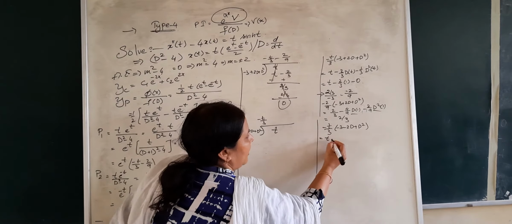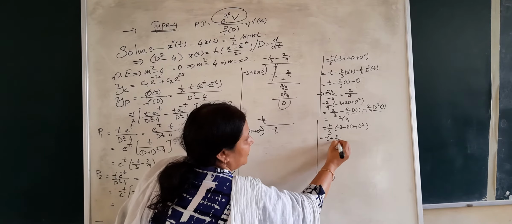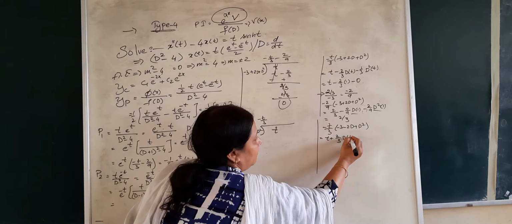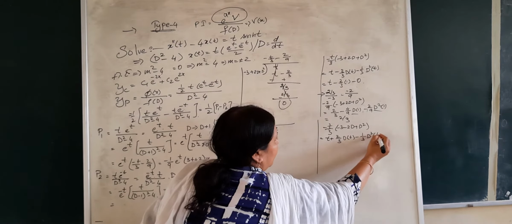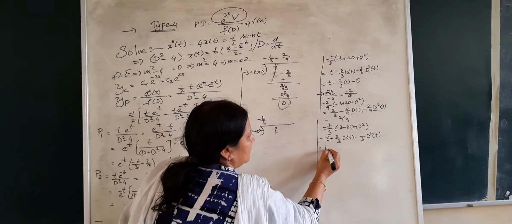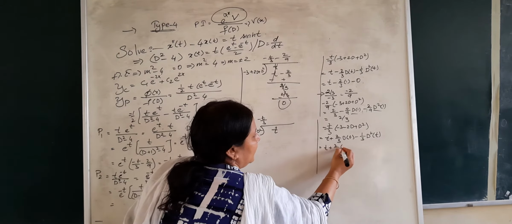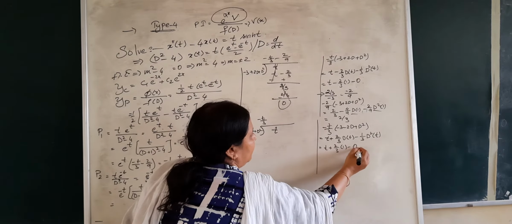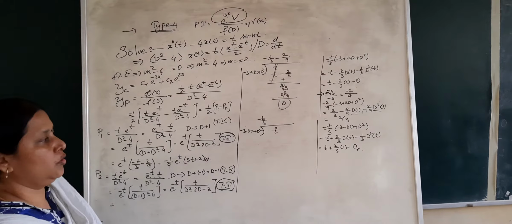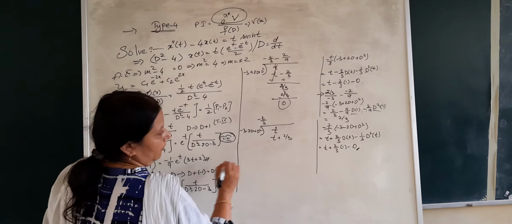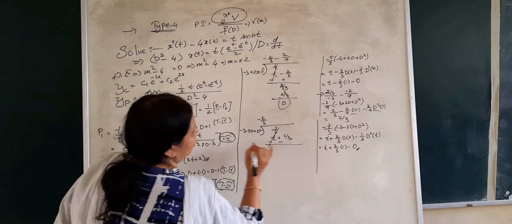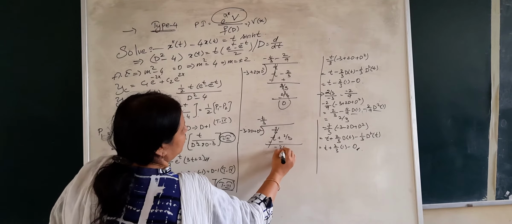Next, again minus of minus is plus 2 by 3 times the derivative of t, and again minus 1 by 3 times the second derivative of t. The derivative of t is 1, but the second derivative of t is 0. So we get t plus 2 by 3. Change the signs and subtract it. So we get minus 2 by 3.